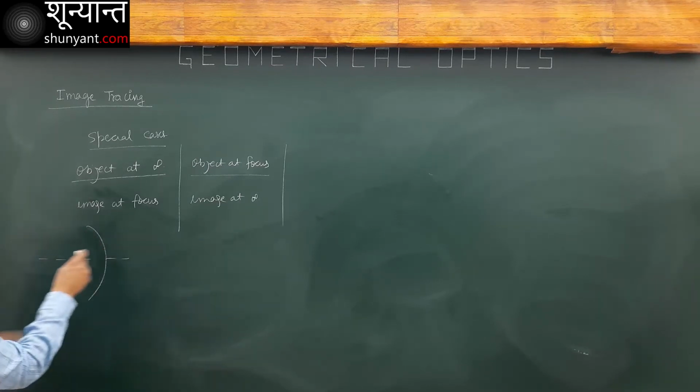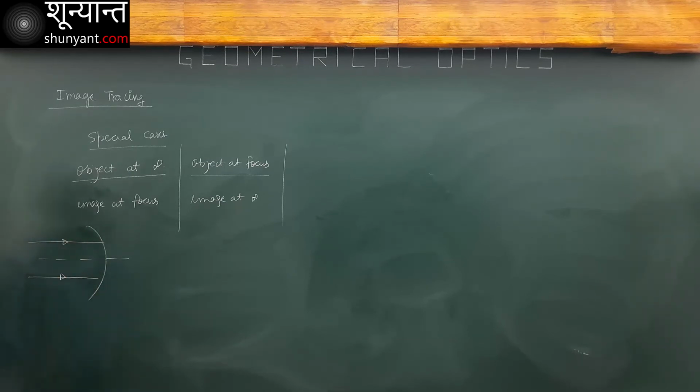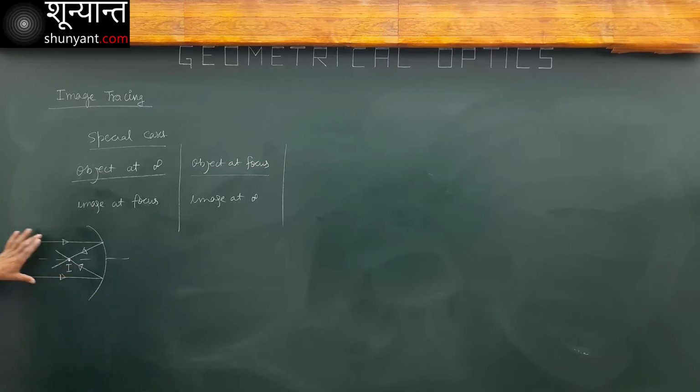All of the light is going to converge here at the focus. This is my image, at focus. It will be highly diminished. This is the case when the light rays are parallel to the principal axis.